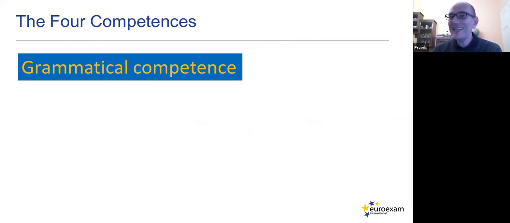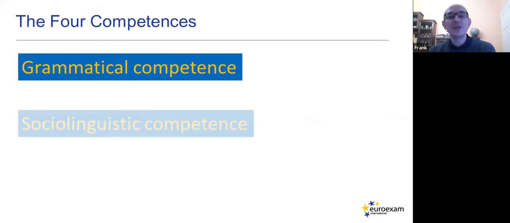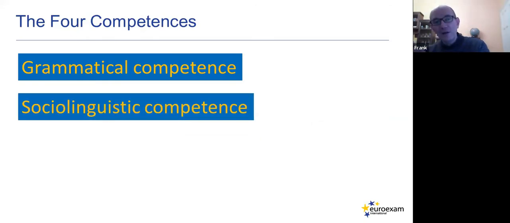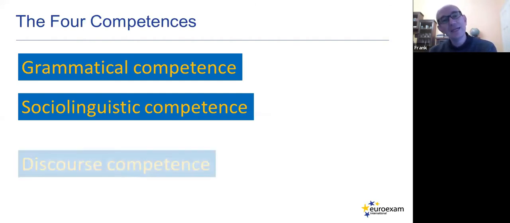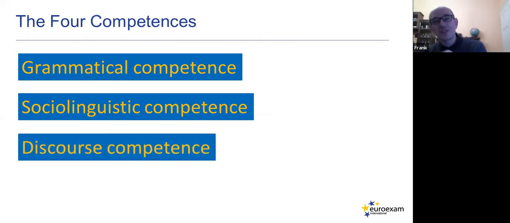If this is all we teach in the classroom, it's not enough, because when our learners use the language, they need to know how to use it in different situations with different people, and that is sociolinguistic competence. This is how you talk to different people in different situations. That is equally important. And also discourse competence.